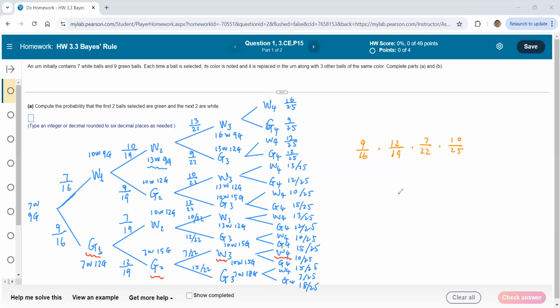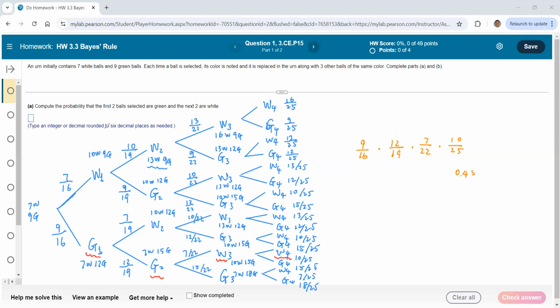Type an integer or decimal rounded to 6 decimal places. Okay, I think we're going to just put it in the calculator. All right, 9 divided by 16 times 12 divided by 19 times 7 divided by 22 times 10 divided by 25.